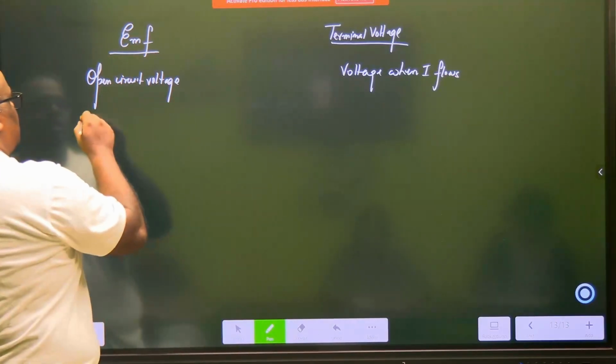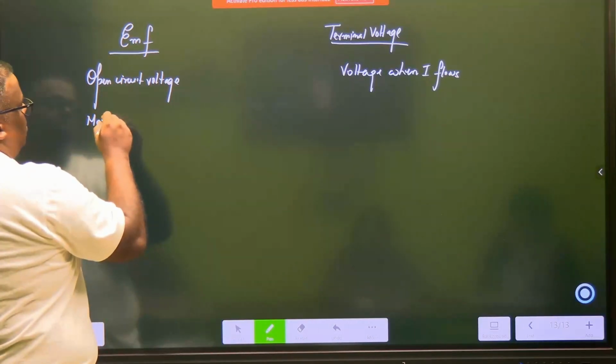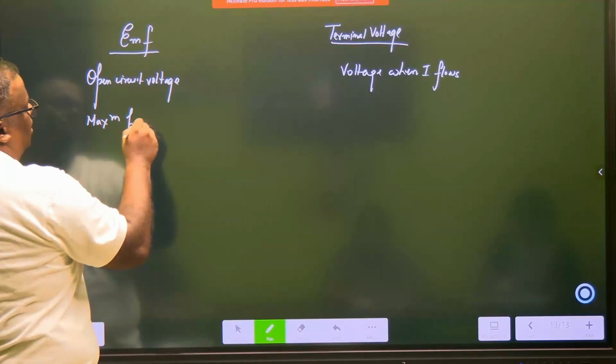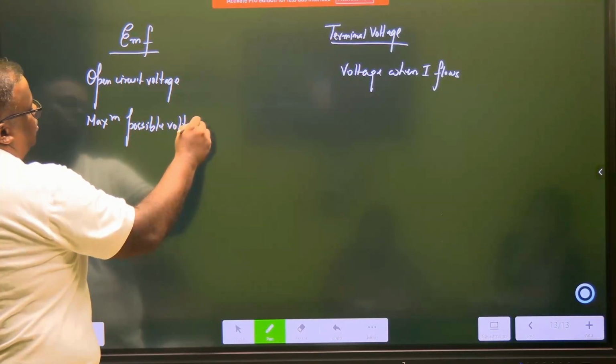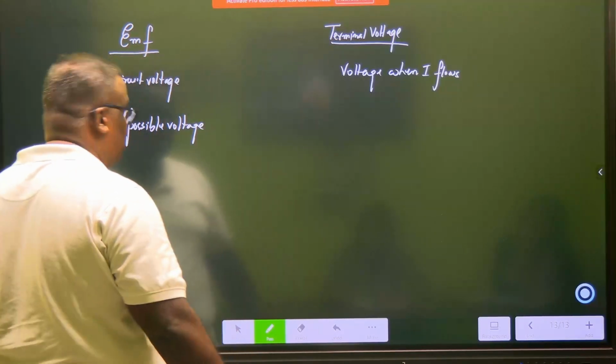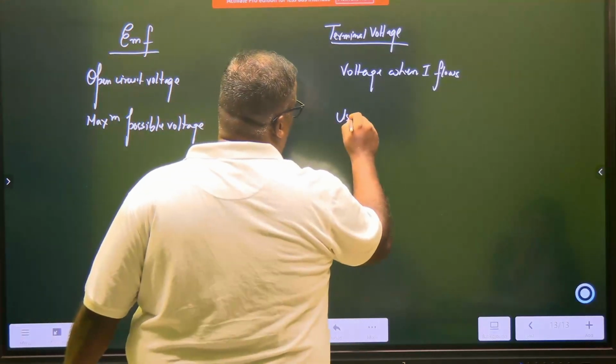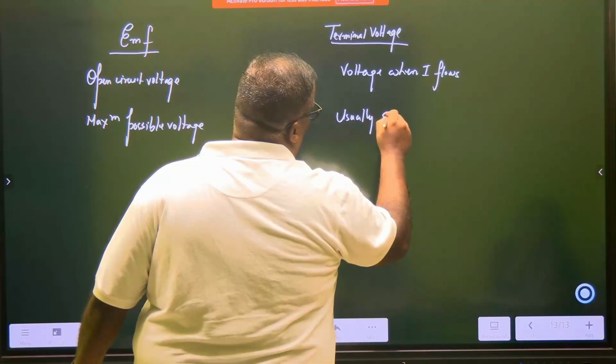This is maximum possible voltage. This is a very ideal scenario. In this case it will usually be smaller.